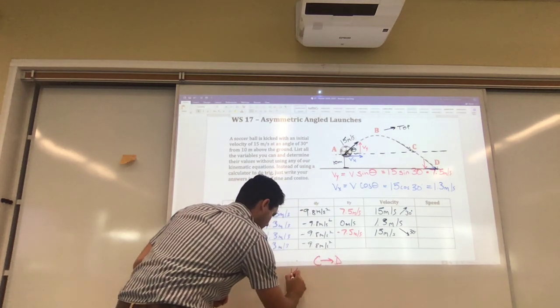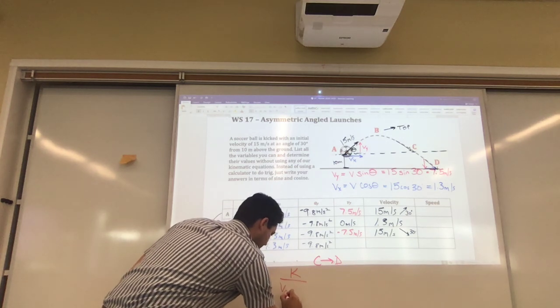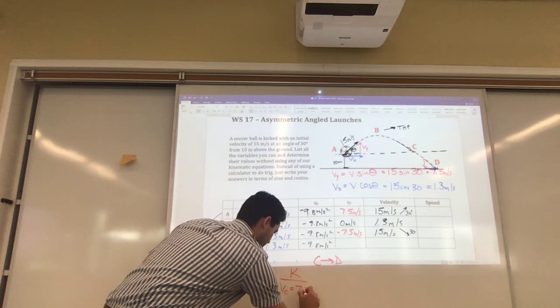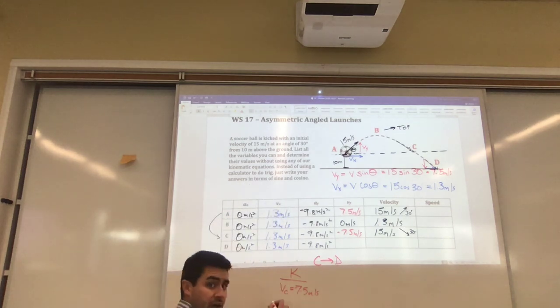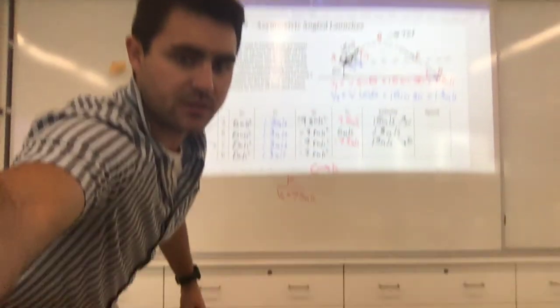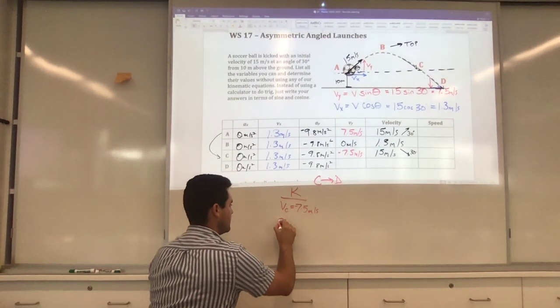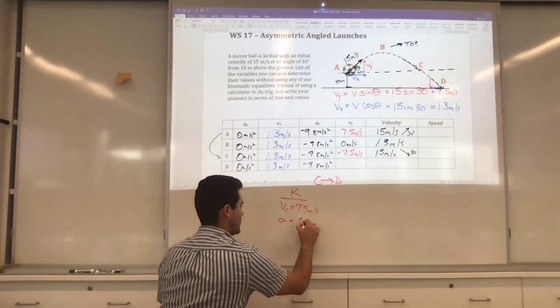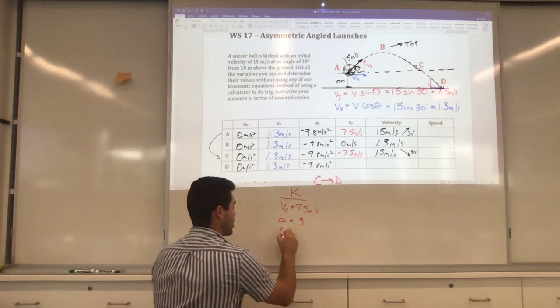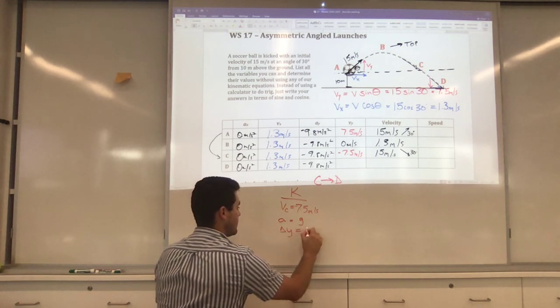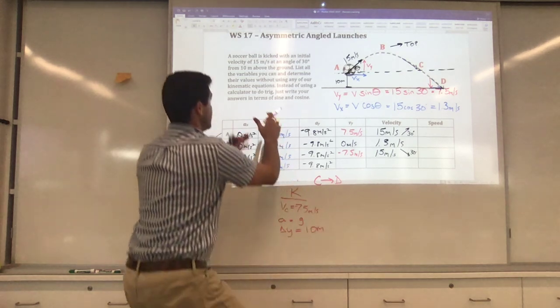here's what I know. I know that the velocity at C is equal to negative 7.5 meters per second. I know that the acceleration from C to D is equal to g. Okay? I know that the change in y is equal to 10 meters. It tells me that right here.